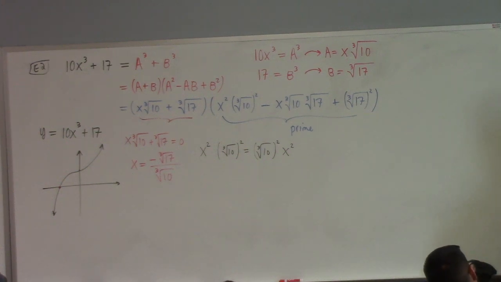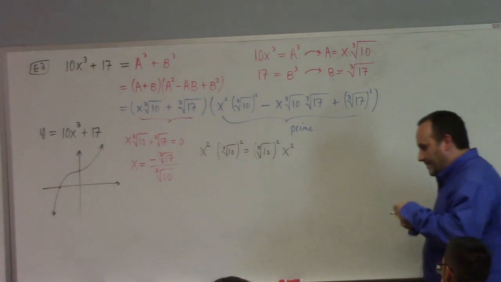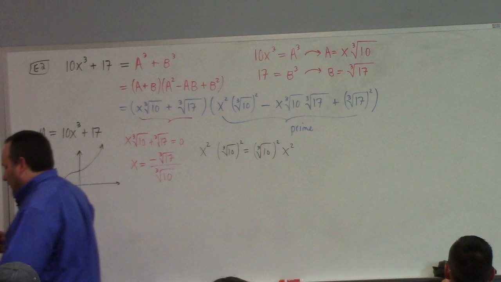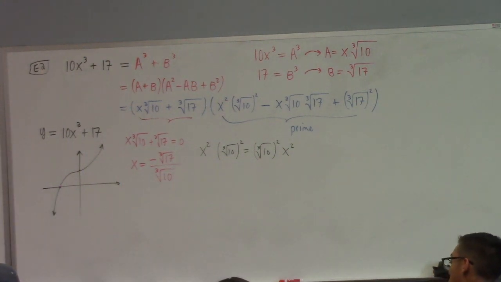This is a way we can multiply a binomial, a sum of two terms, to any power we like in a very easy way.